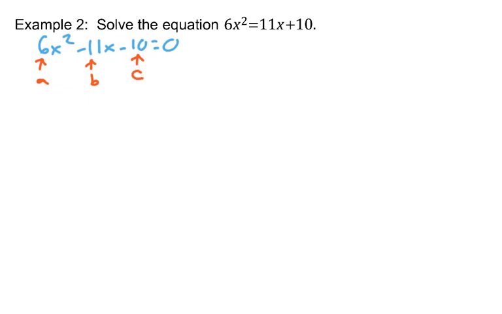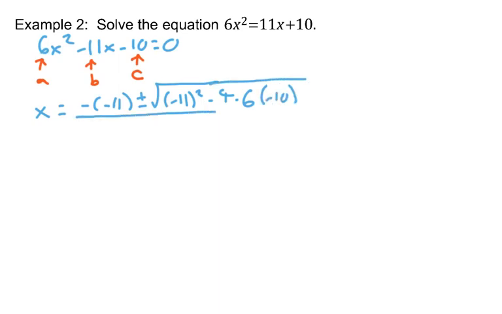Now, x is equal to negative b plus or minus the square root of b squared minus 4ac, all over 2a. Okay?